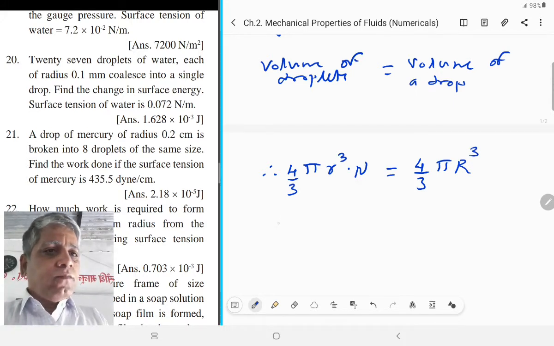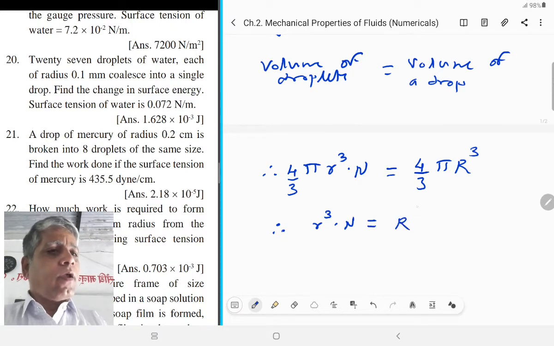From this, 4 by 3 pi gets cancelled. Therefore r cube into n is equal to capital R cube.